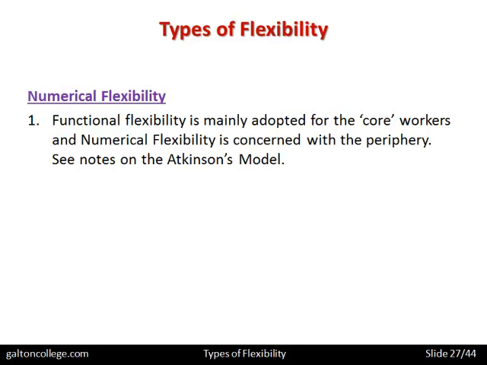Now, what Atkinson meant by the periphery is these are workers which are not core. They are workers that are required, but which are in a sense more flexibly used.